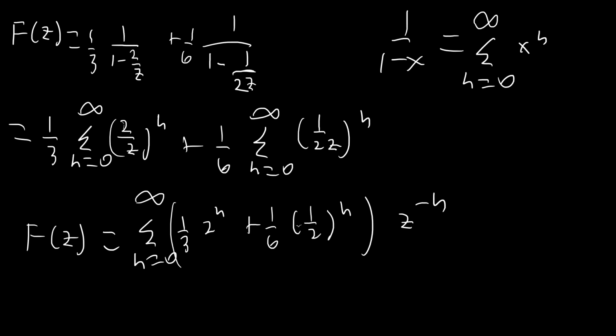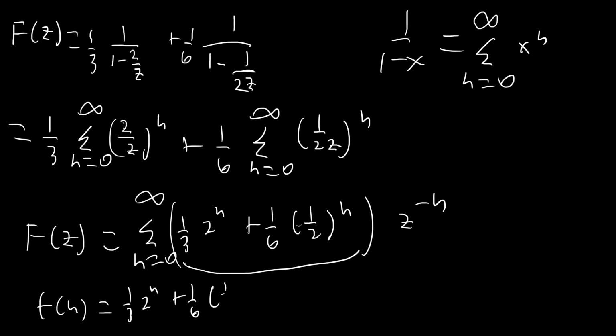And since this is our z-transformed version, that means that this is our original discrete function. So that means that f of n is just equal to 1/3 times 2 to the n, plus 1/6 times 1/2 to the n.